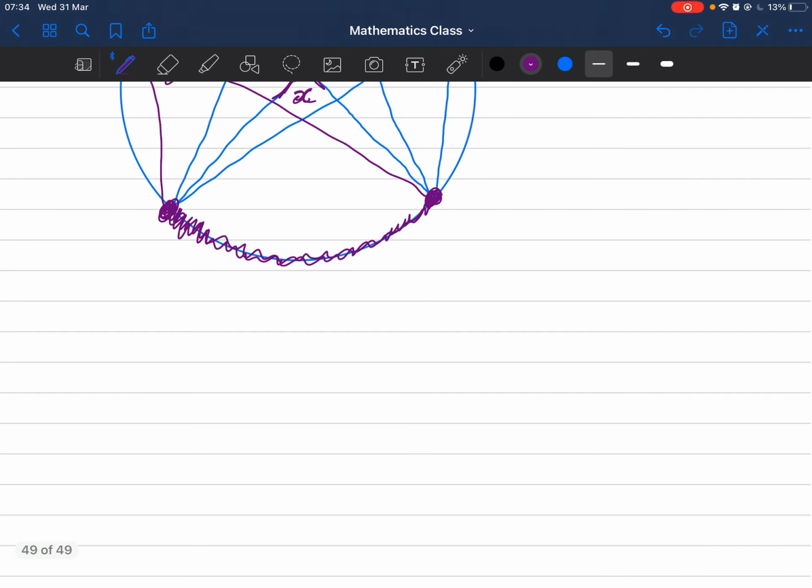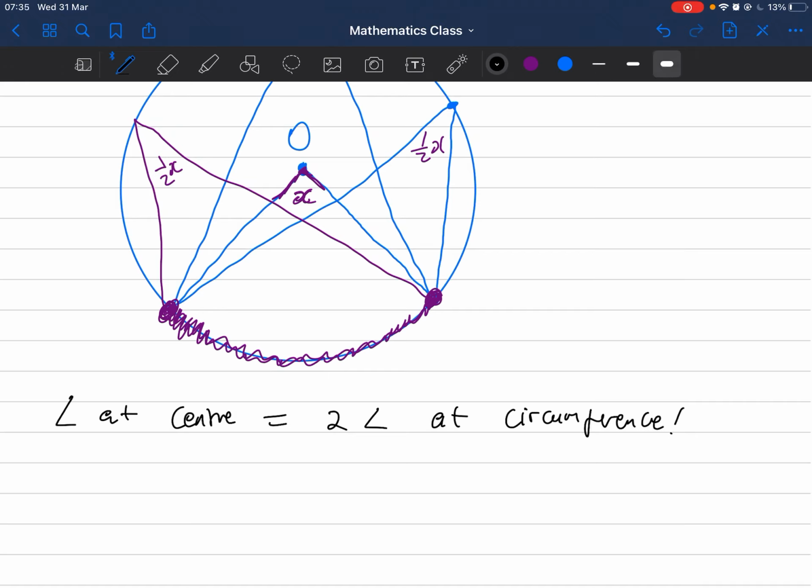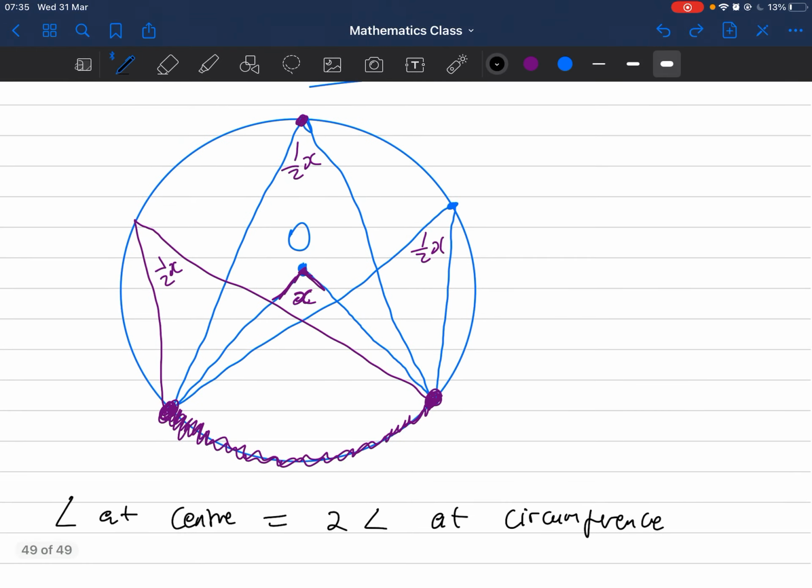So the theorem says that an angle at the center is twice the angle at the circumference. This is important. You're going to use this for a lot of your questions.